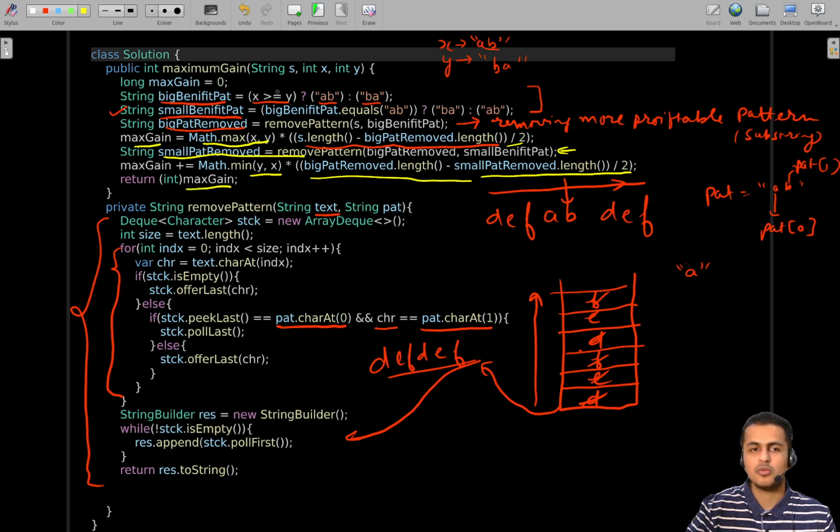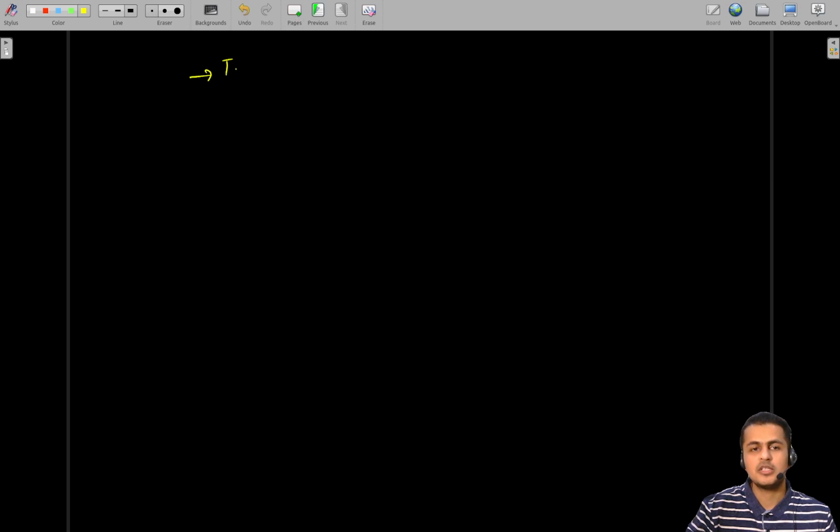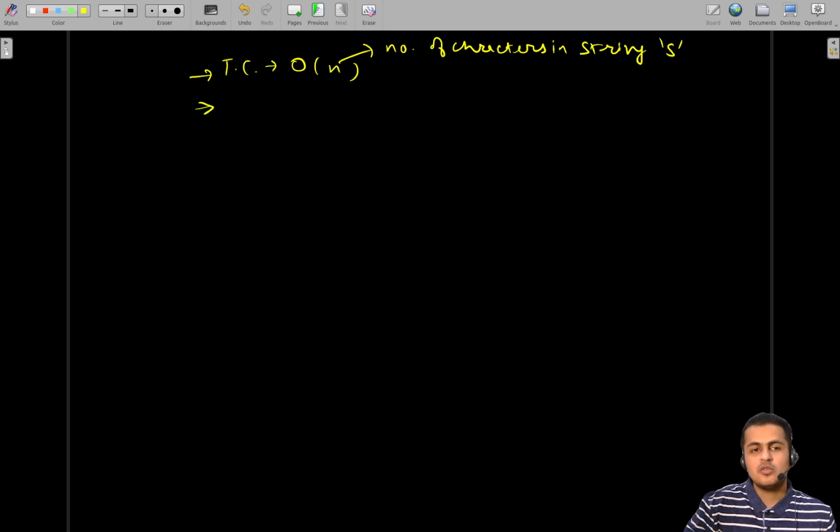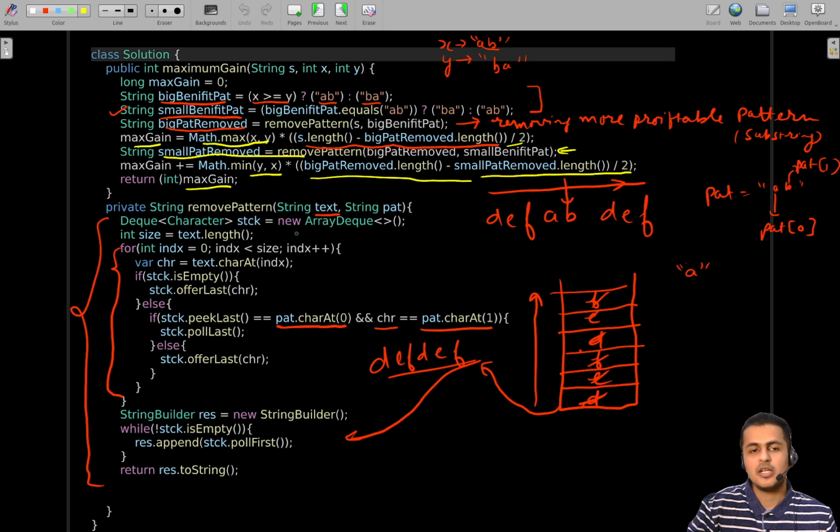So this is the whole approach. In terms of time and space complexities, time complexity wise, it will be order of n, where n is the number of characters in the string, and space complexity wise also it will be order of n because of the use of this doubly ended queue.